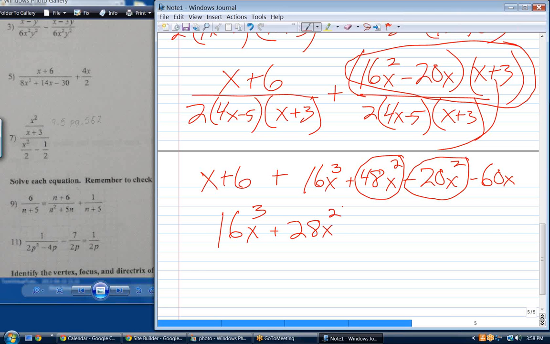How many x's do we have? 59. And how many numbers do we have? 6. And that's all over the denominator.